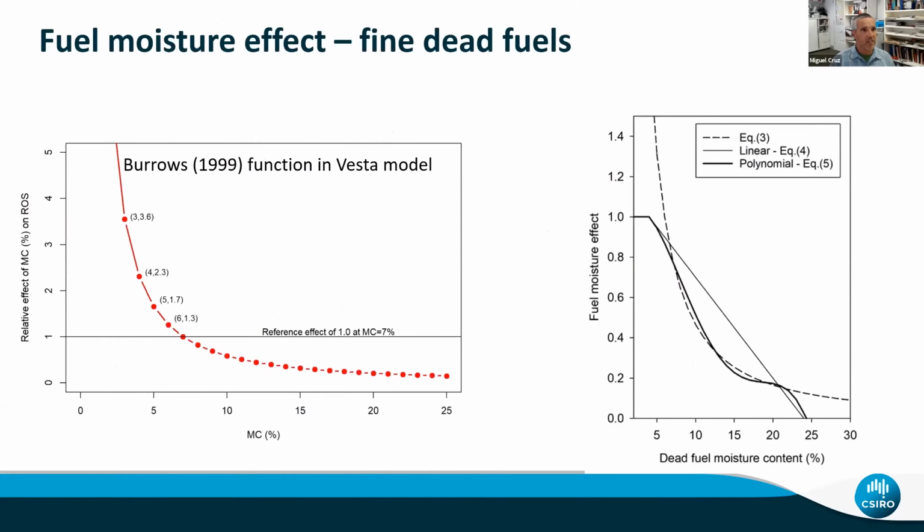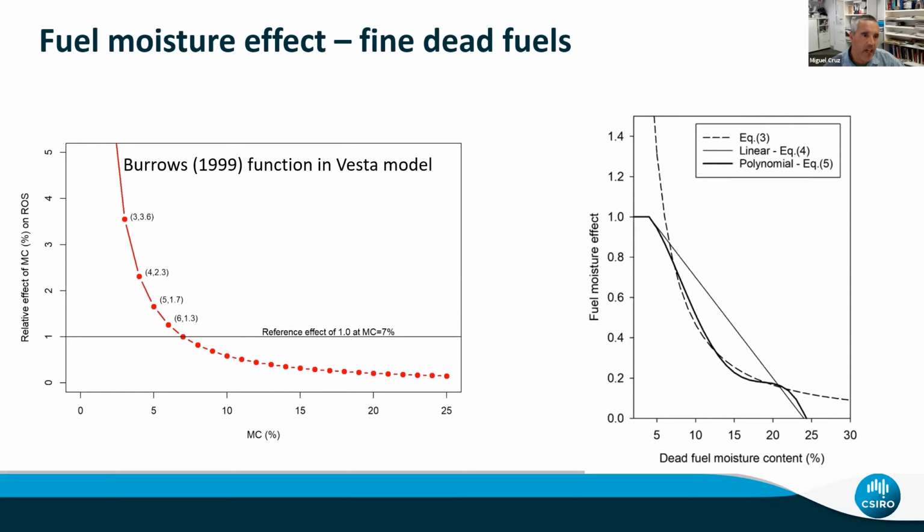So this is just some of the things that are informing our modeling options. Going back to this fuel moisture effect, up to now, in most of our modeling of fire propagation, we tend to rely on this exponential decay function. And this plot on the left is the Barrow's fuel moisture effect function that's implemented in the Vesta model, and you have been using this Caton model for a while.